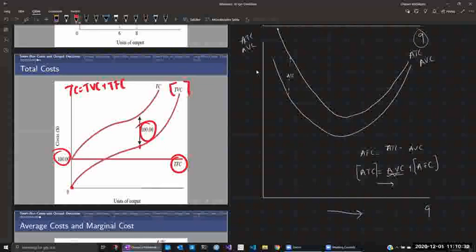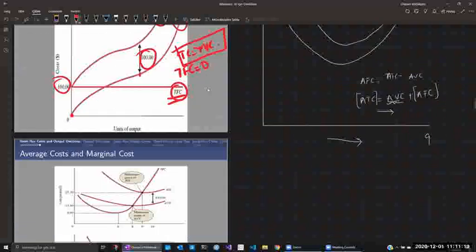But the shape is preserved between total cost and total variable cost because the shape is solely determined by the changes in quantity and its relation to total variable cost, so the shape of total cost and total variable cost is exactly the same, but it is higher since there is a positive total fixed cost. And if there were no total fixed cost, so if the total fixed cost was zero, then total cost would have been equal to total variable cost. Okay.